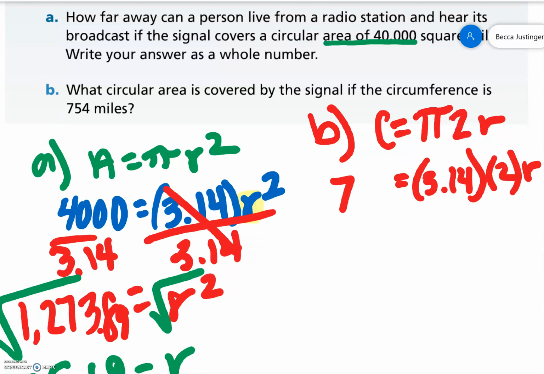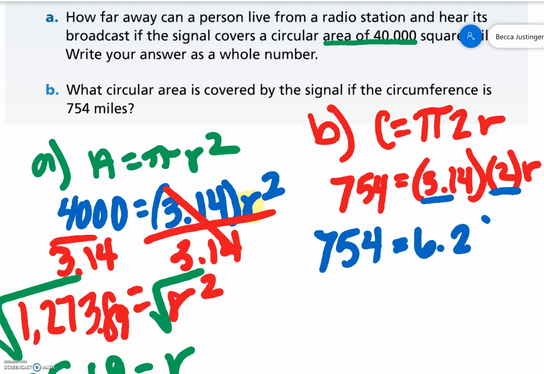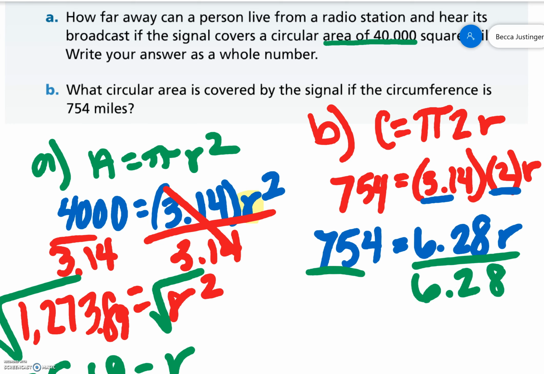I want to write 754. My next step is going to be to multiply. So 754 equals 6.28 times r. And we divide both sides by 6.28. Cancels out on the right.